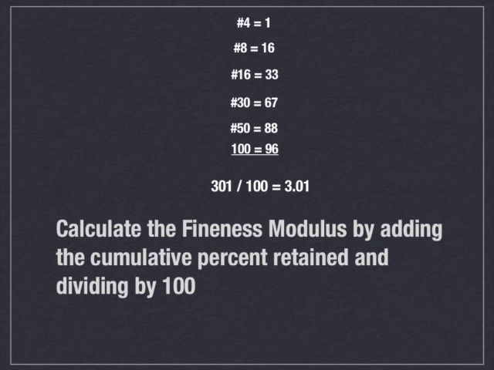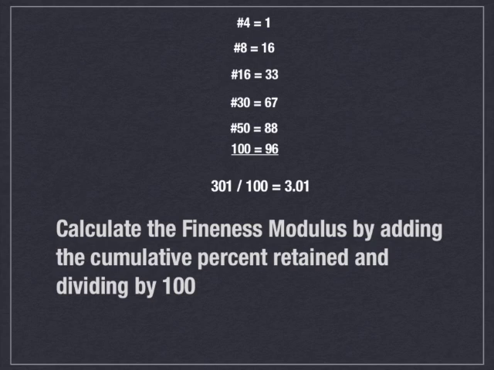Whenever we complete a fine aggregate sieve analysis, we should also calculate our fineness modulus, or what is often referred to as simply FM. We get this by adding up the cumulative percent retained on all of the standard sieves which are coarser than the 100 and then dividing this number by 100.